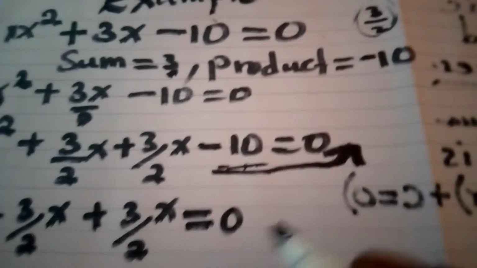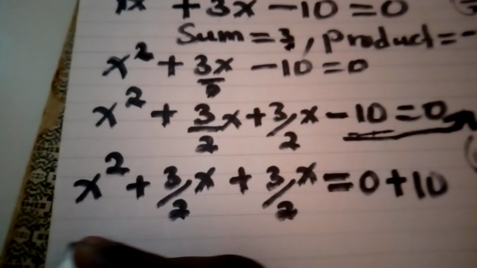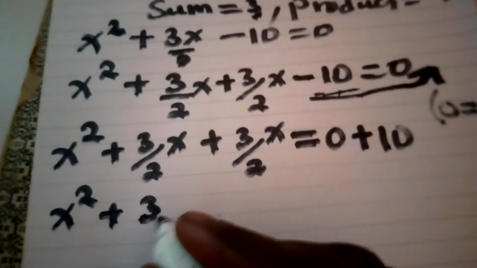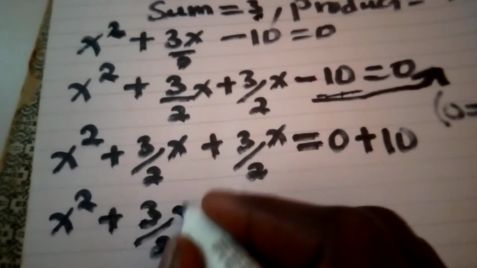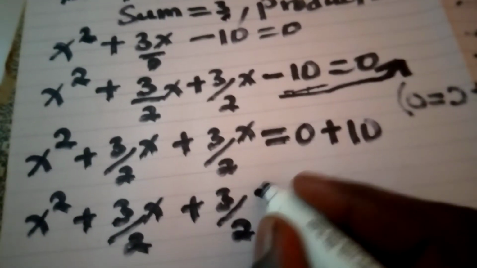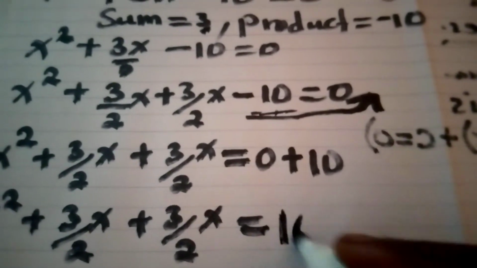Crossing the equal sign, it changes to a plus, so it will be plus 10. Then after that, we shall simplify and have x squared plus 3 out of 2x plus 3 out of 2x, giving us 0 plus 10, we shall remain with 10.